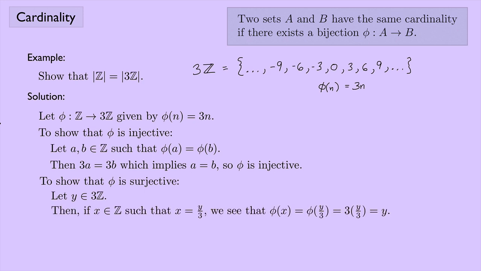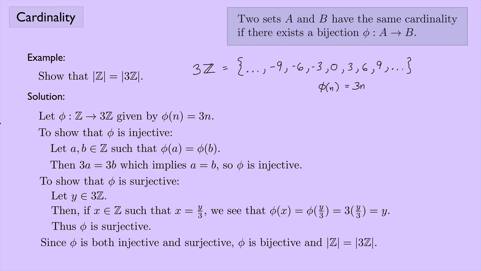Okay, well, if x is in the set of integers such that x equals y over 3, then I think that works, because then phi of x equals phi of y over 3, which equals 3 times y over 3, which equals y. So phi is surjective. And since phi is both injective and surjective, phi must be bijective, and this shows that the two sets have the same cardinality.